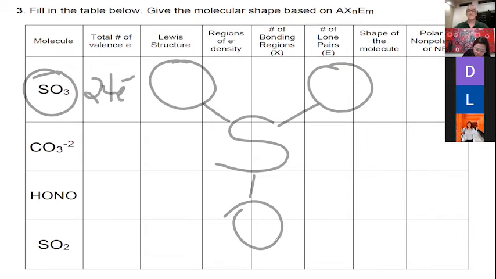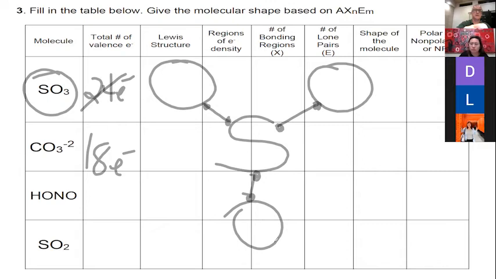And we've used up 6. 1, 2, 3, 4, 5, 6. Remember, each bond is a pair of electrons. So we've used up 6, so we have 18 left. When you have electrons left over, where do you start putting them? Decorate the outside. Exactly.